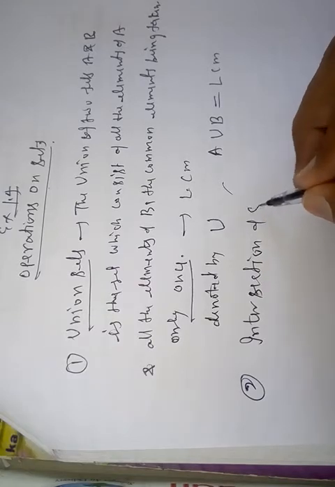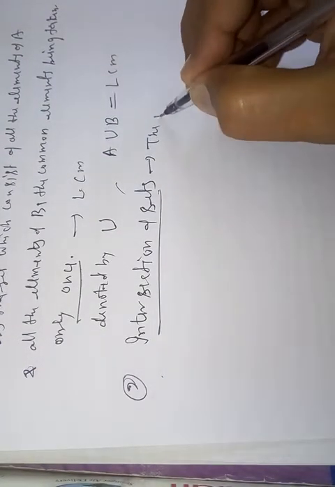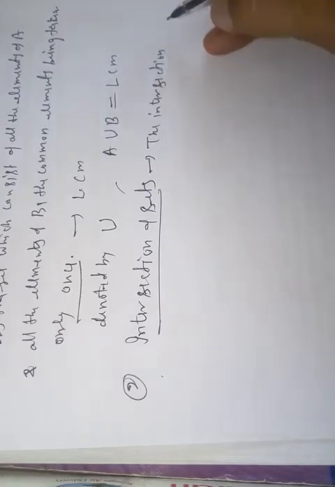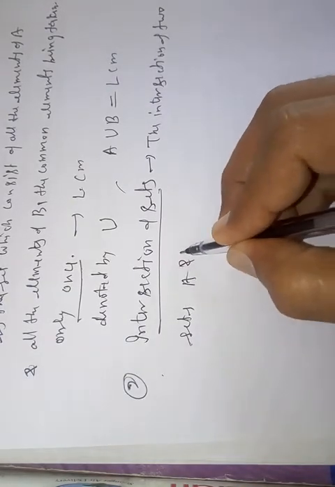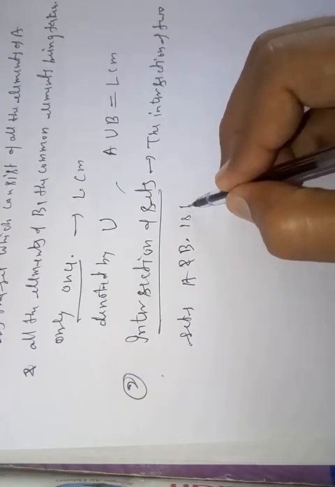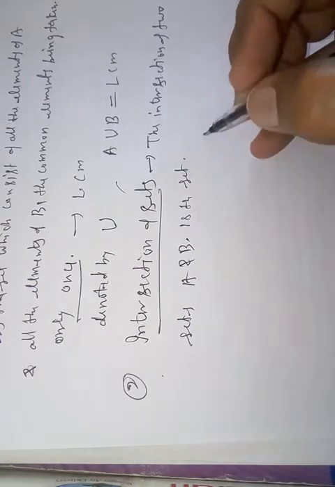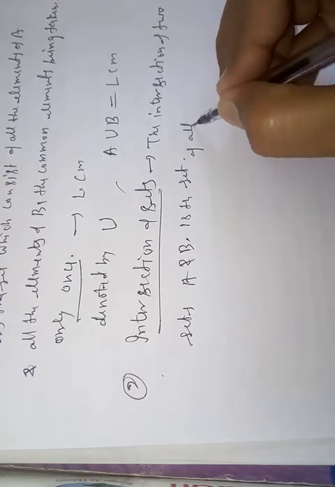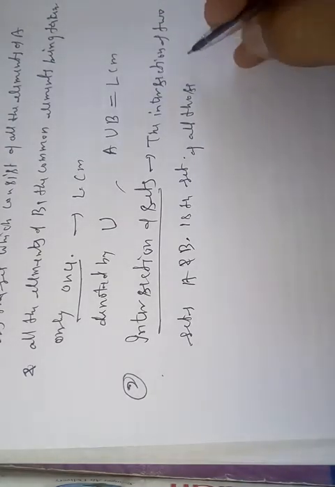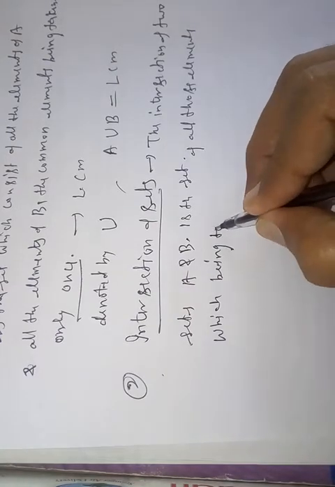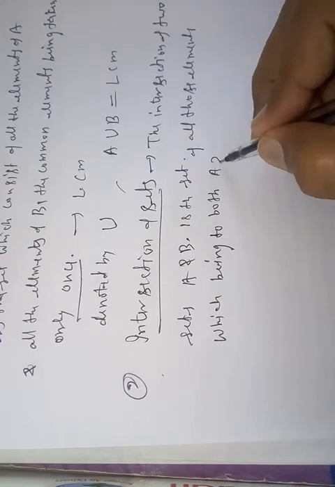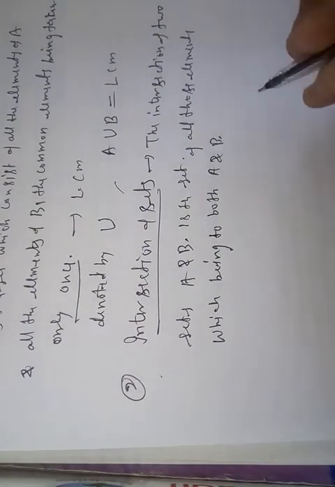Second, intersection of sets. The intersection of two sets A and B is the set of all those elements which belong to both A and B, that is, the common elements.